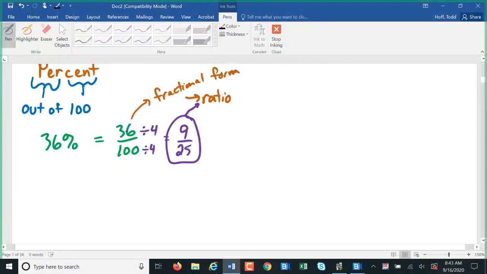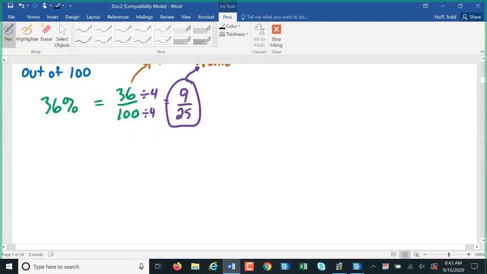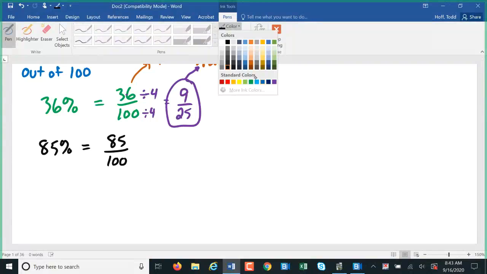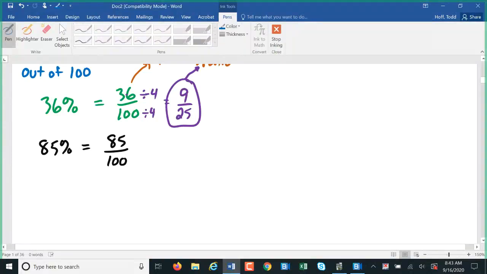Well, let's look at some other examples of converting percents into fractions. Let's look at 85%. Well, as we said, a percent is always out of 100. 85% is 85 out of 100. What can both of those numbers be divided by?